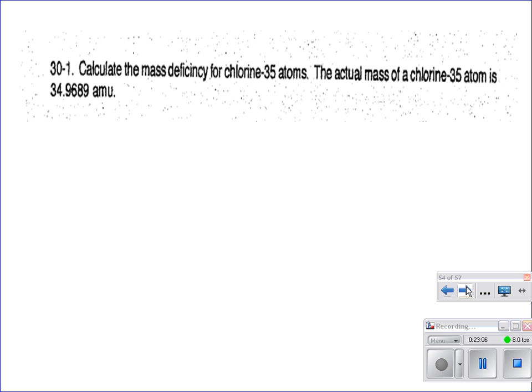All right, so chlorine-35 should really weigh how many AMUs? 35 AMUs. It actually weighs 34.9689. So go ahead and subtract that for me and get the mass defect.